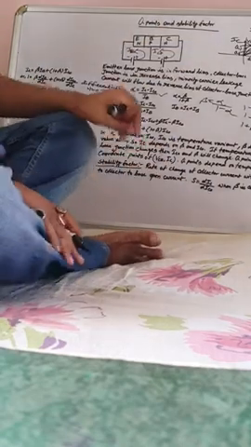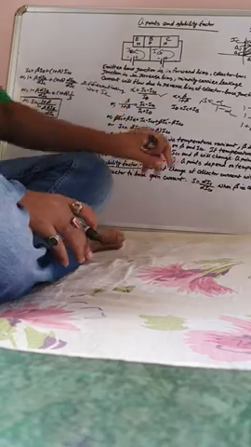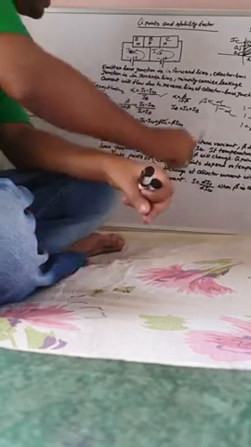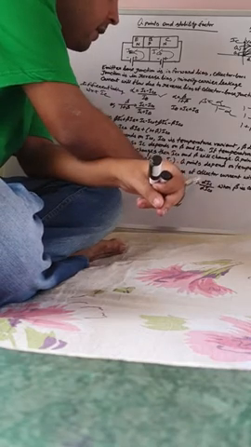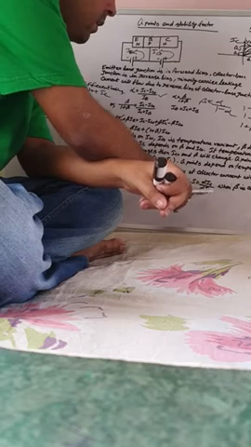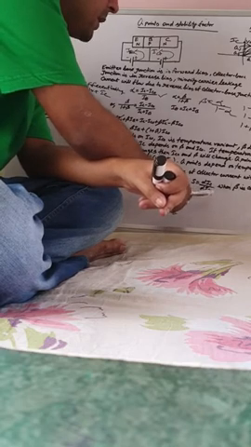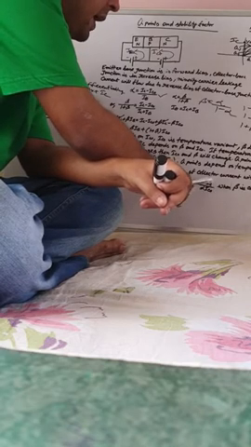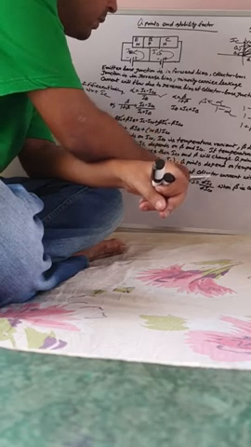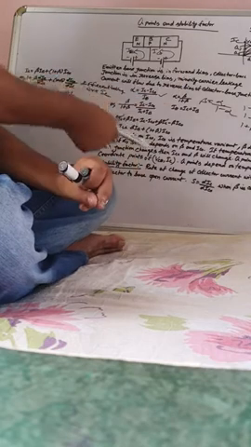If the Q point location changes, then the stability factor of the circuit will change, because the stability factor definition is S equal to del IC by del ICO. Del ICO depends on temperature and del IC depends on beta and ICO both. So the stability factor will be changed automatically.